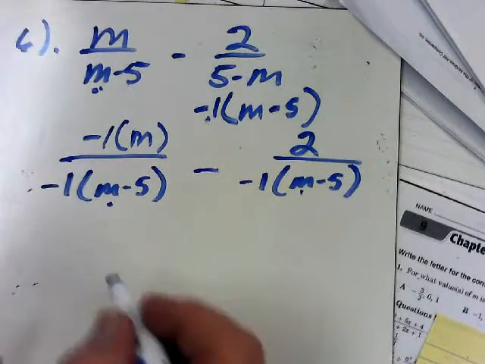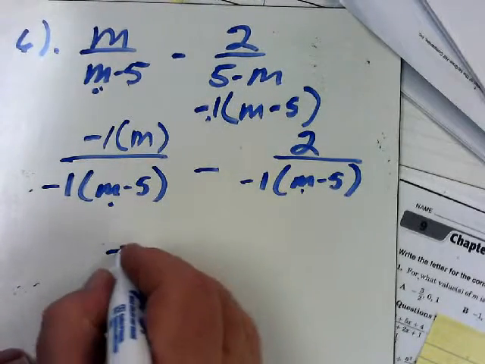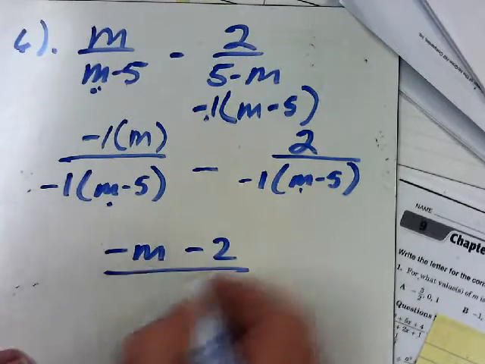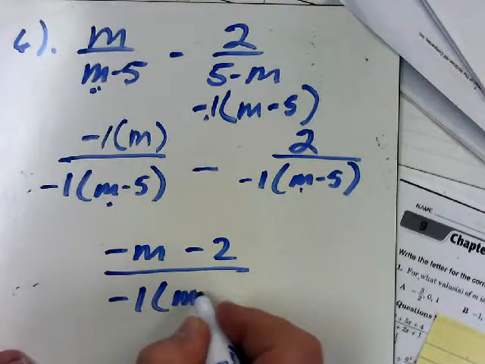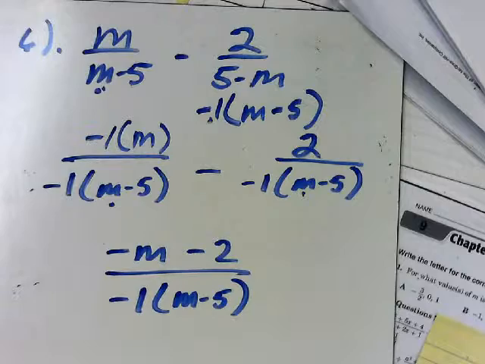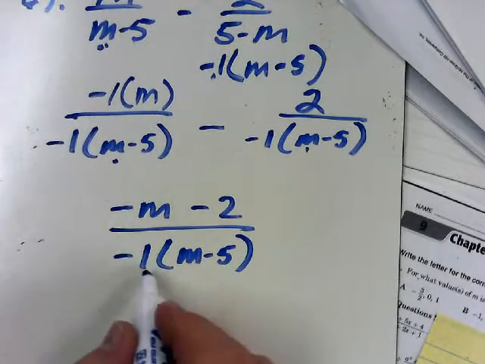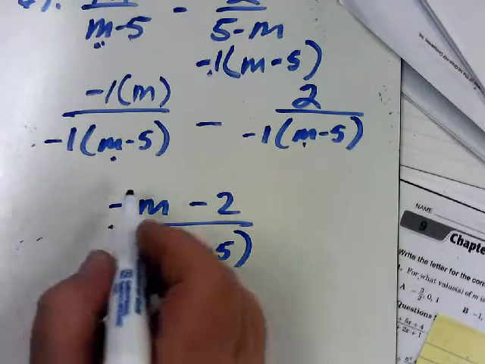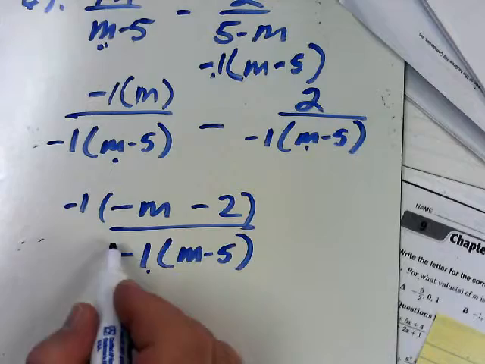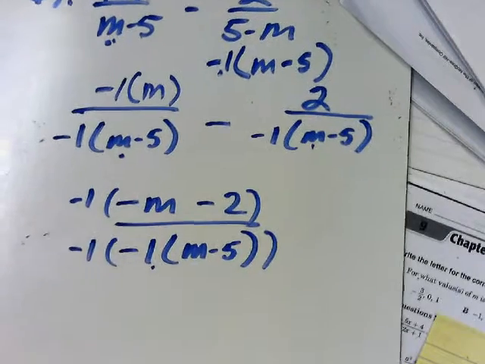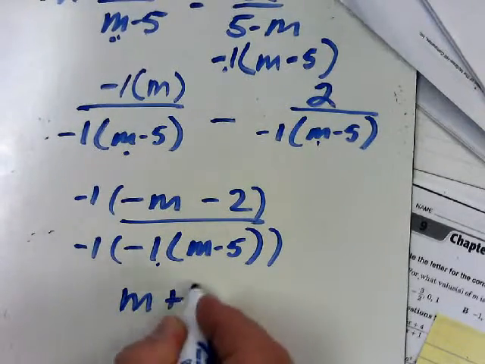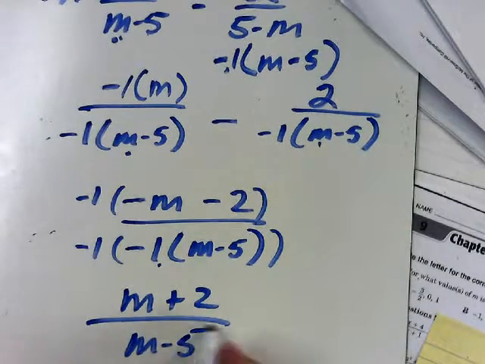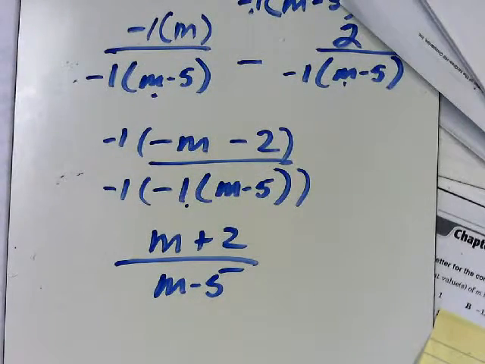So now if I wanted to add these two together, I'd have a negative m minus 2 over a negative 1 times m minus 5. We generally don't like to have negative 1's down here, which means I'd have to multiply both the numerator and the denominator by negative 1, which will change the signs to that.